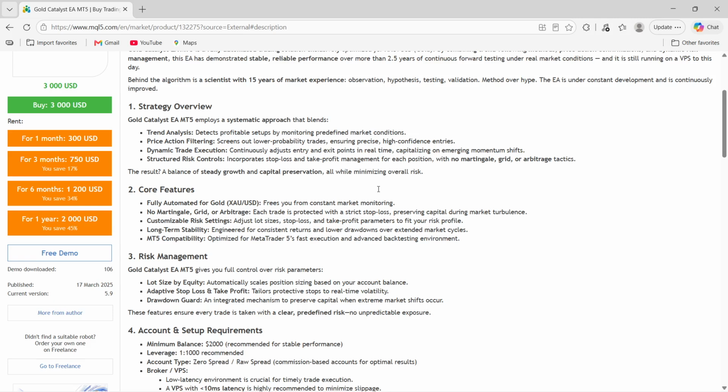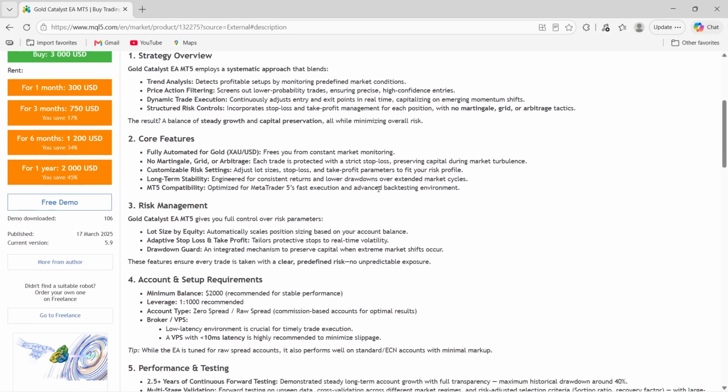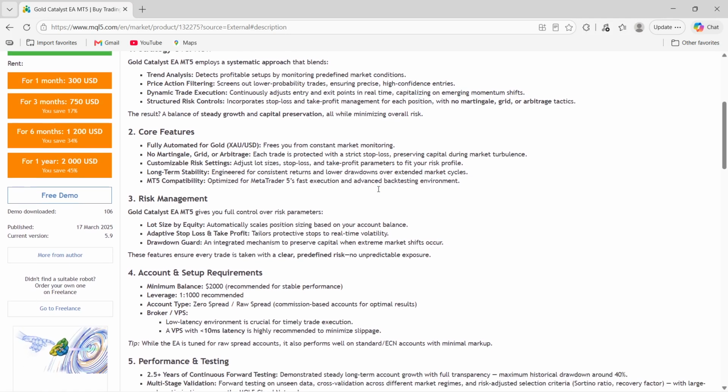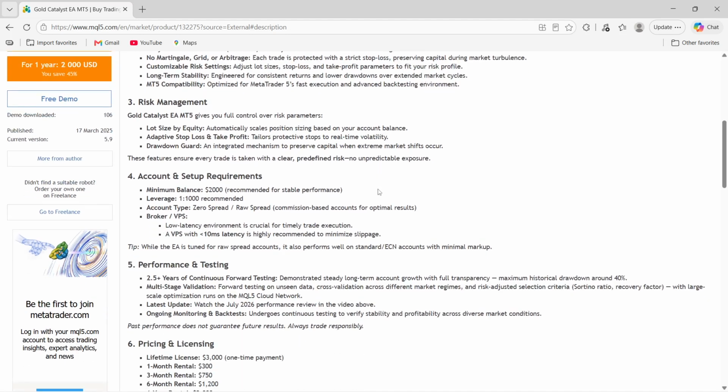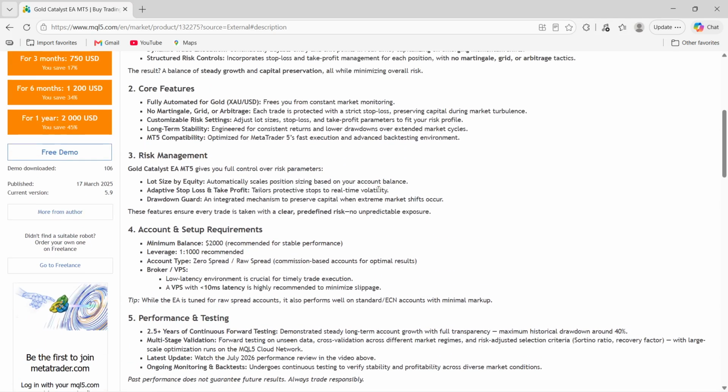So, some of the features include gold optimized logic, catalyst detection, dynamic risk management, trailing stops, and volatility filters. The inputs allow tuning for different gold trading styles. It's positioned as a dedicated catalyst tool for serious gold traders.